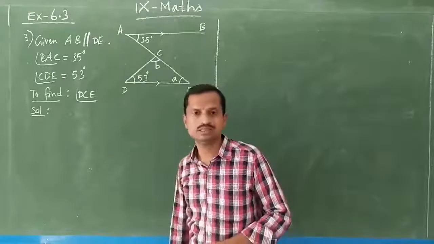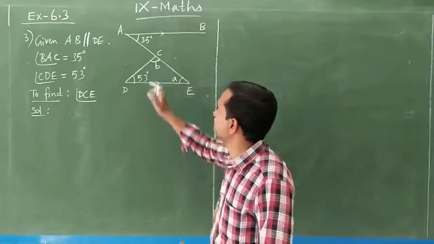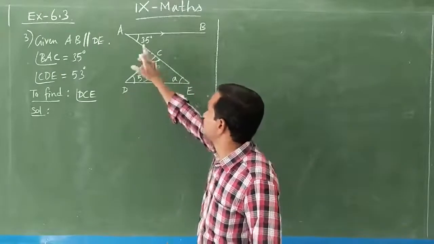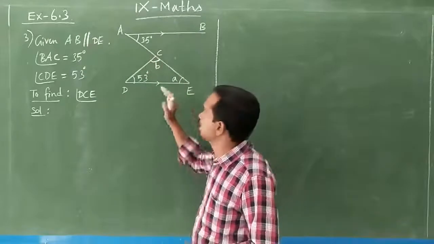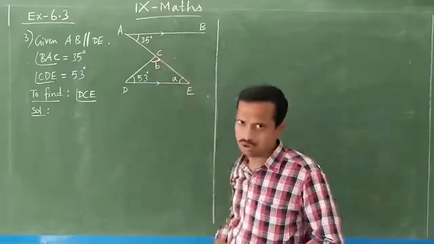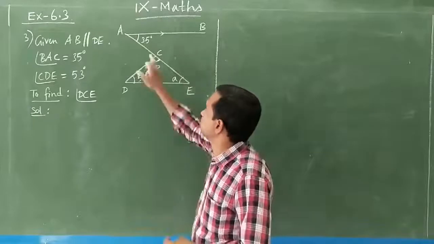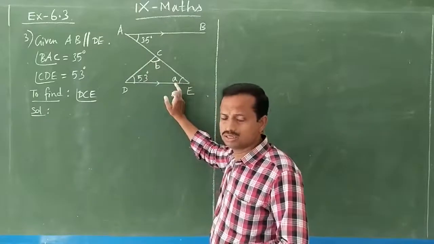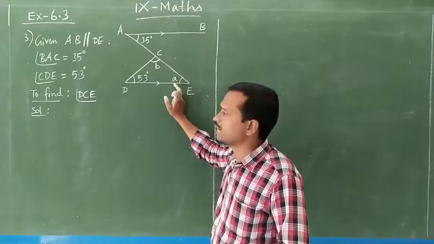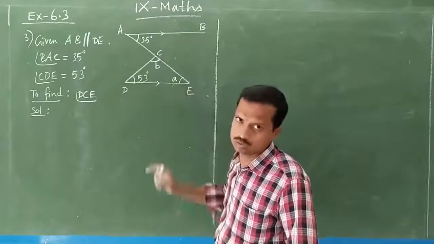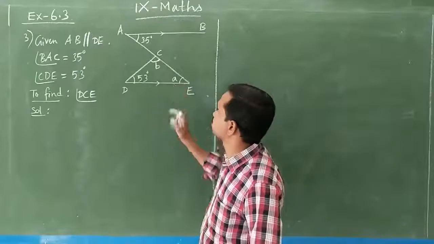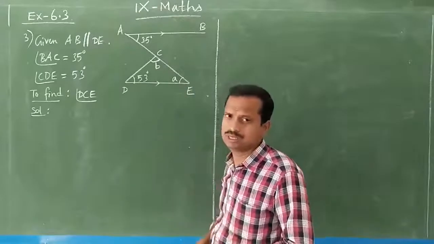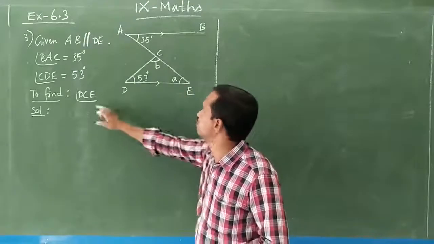Alternate interior pair of angles, because if these two lines AB and DE are parallel, and AE is the transversal, then we can say this 35 degree and this angle A are alternate interior pair of angles, and they are equal also because the lines are parallel. So using that concept here, we are going to find the angle DCE.